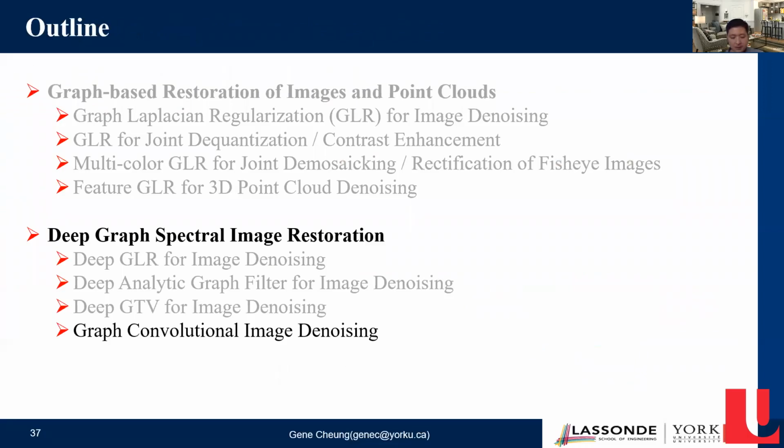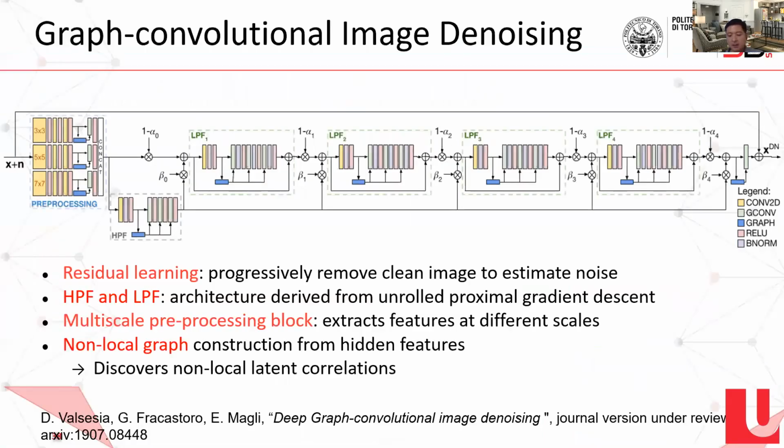Lastly, I'll briefly talk about this work from Enrico's lab in Italy. Every denoising algorithm I talked about so far is done locally. You look at the similarity with local pixels and do some kind of weighted average based on your design in your graph. But one of the strong priors that has been discovered to work in image processing, in image denoising, is non-local self-similarity.